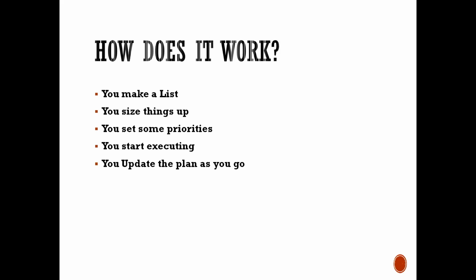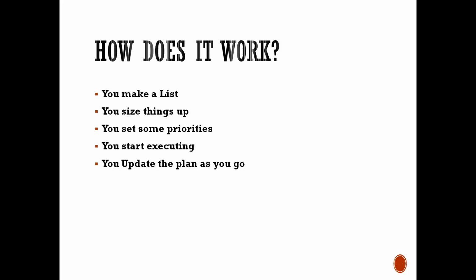And lastly, point number 5 is that you update the plan as you go. As you and your customer start making the software, one or two things are going to happen. You'll discover that you are going fast enough and everything is okay, which is good, or you'll discover that you have too much to do and you don't have enough time.